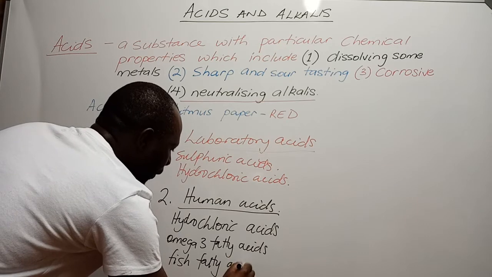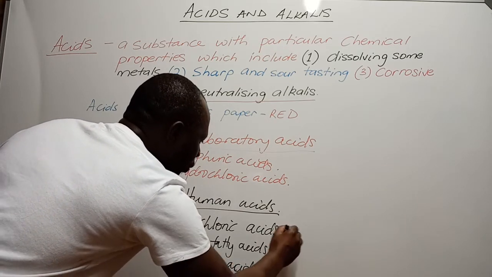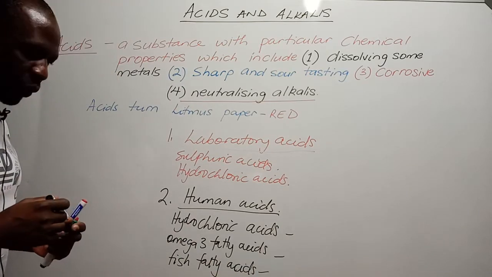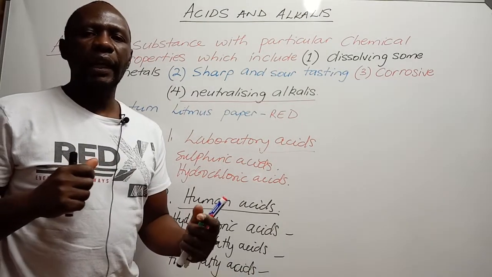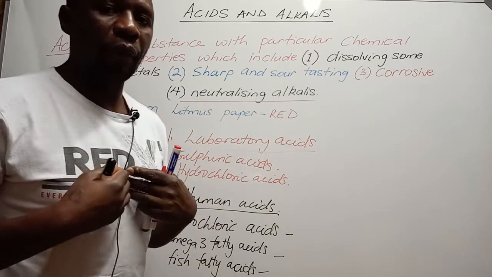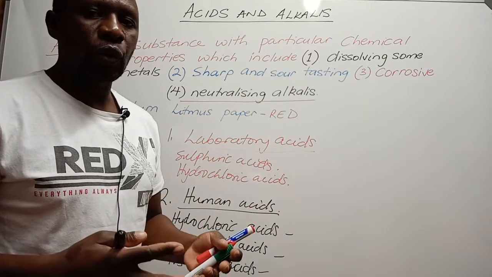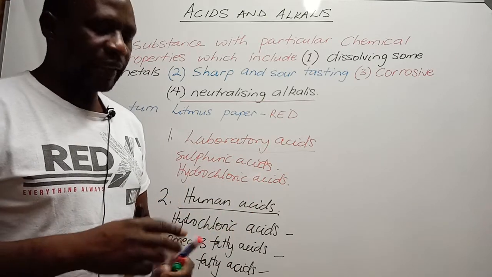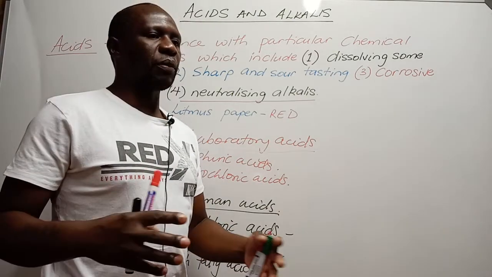Now let's look at these three acids and the roles that they play in our bodies. Hydrochloric acid is an acid that exists in our body, and it is added to the food that we eat, and it helps in the digestion of the food.